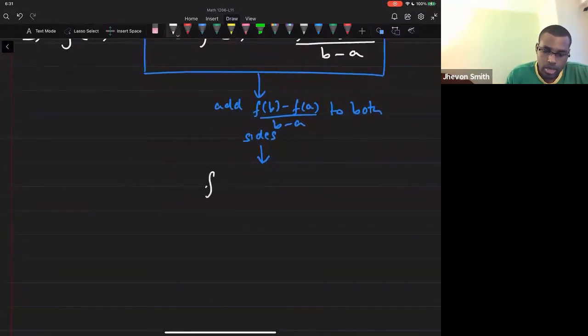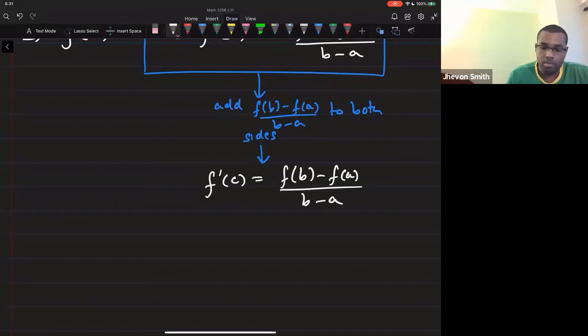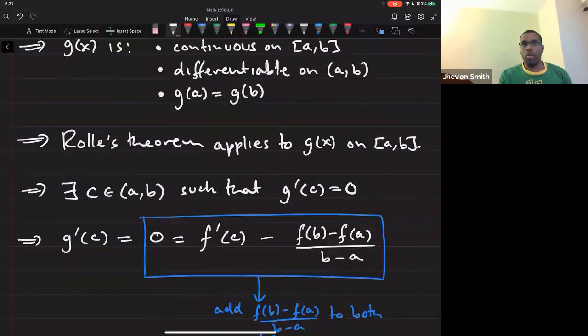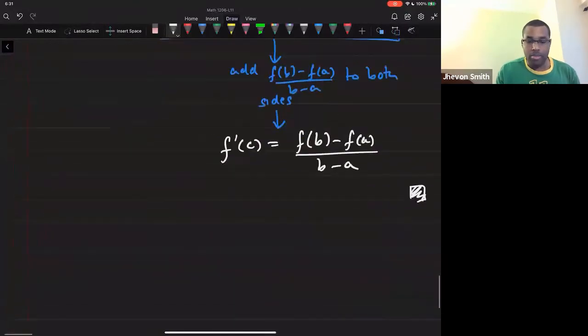And that gives you that f prime of c would be equal to f of b minus f of a over b minus a. So there must be a point where the derivative at that point is equal to the average rate of change.